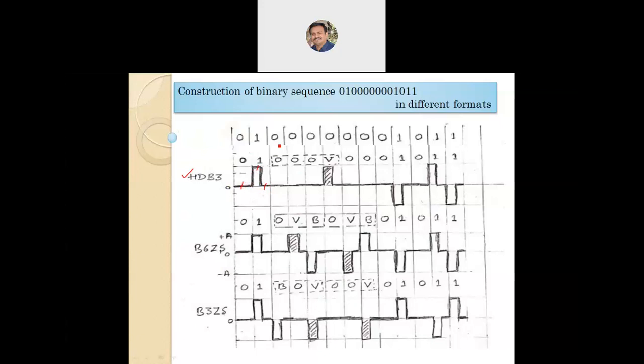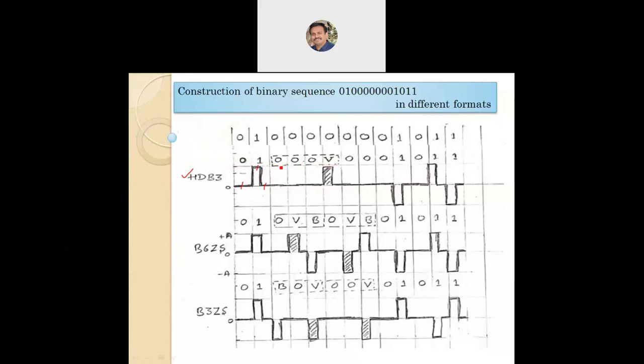Next, we observe a group of 4 zeros. As per the rule of HDB3, it may be replaced by B00V or 000V. We may choose any one. In this case, we have selected 000V. So the replacement of 4 zeros is 000V.